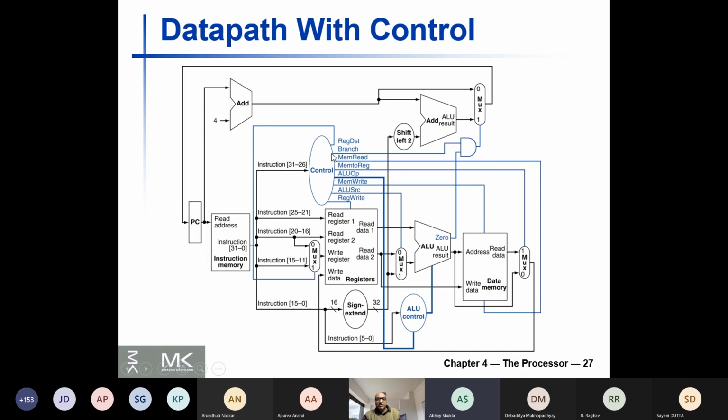So with that it will know that it is a branch instruction. Then immediately this branch control signal will be 1. And other than the branch instruction, this branch will be 0.